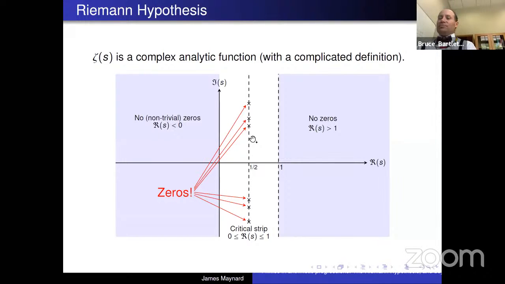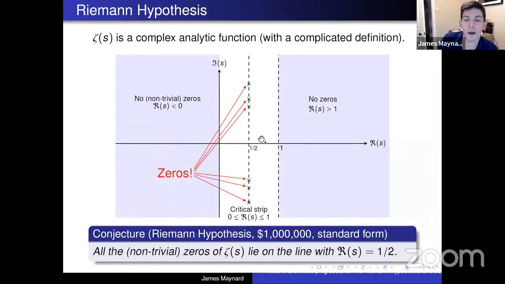And if you do numerical experiments, you find that all the zeros that we know about, and we know about maybe the first 10 to the 10 zeros of the Riemann zeta function or something, all have real part equal to 1/2. And so the Riemann hypothesis is the claim that this isn't just true for the first 100 billion zeros, this is in fact true for all zeros.